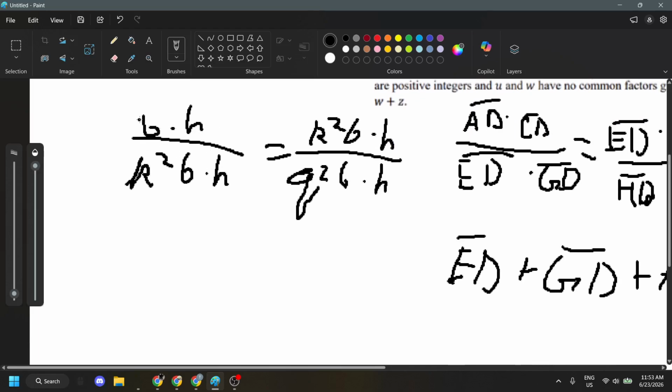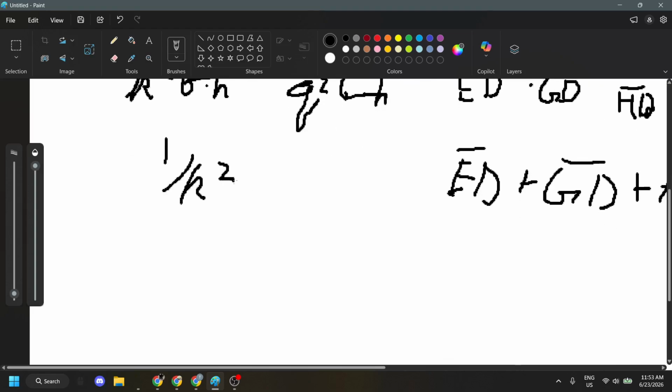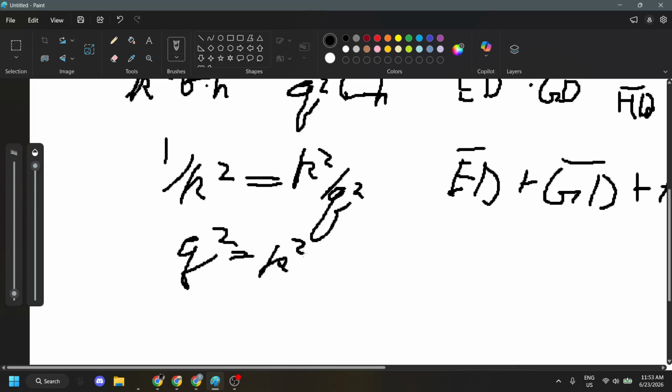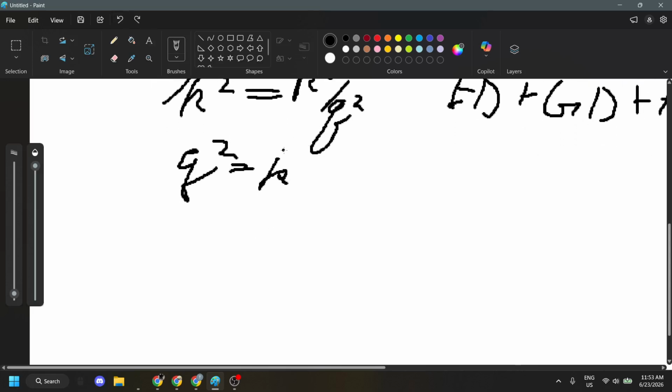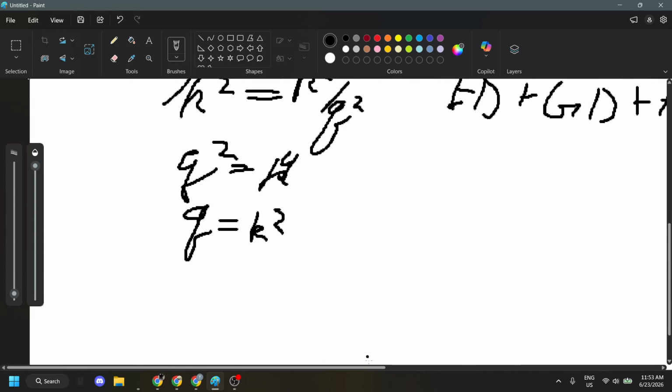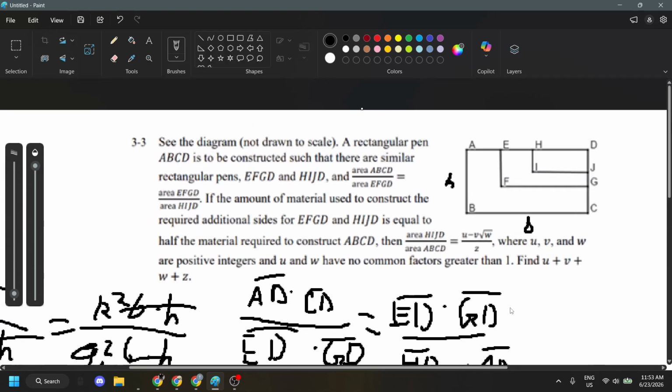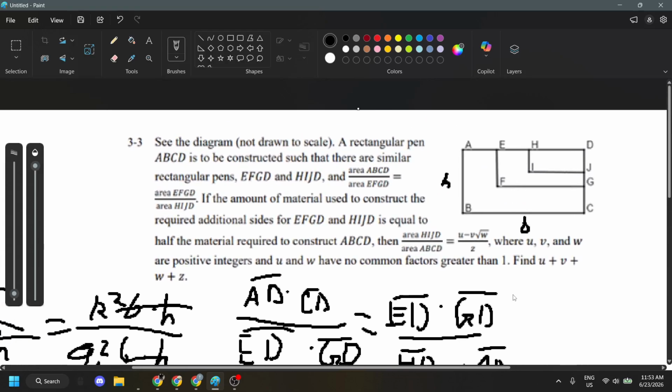So these cancel out. We have 1 over K squared is equal to K squared over Q squared. Multiply across, we get Q squared is equal to K to the 4. So Q is equal to K squared. I thought that was said in the question though.